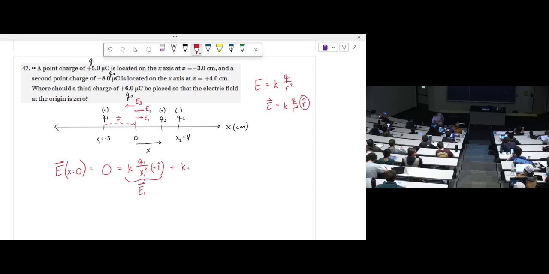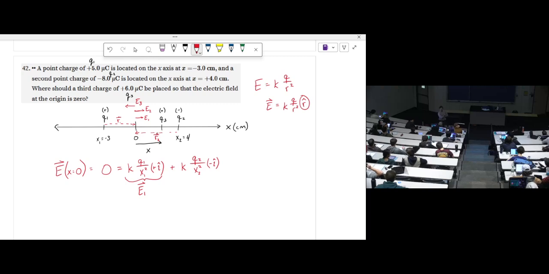Plus the contribution k times Q2 over x2 squared. But now r2 is pointed in the minus i hat direction.